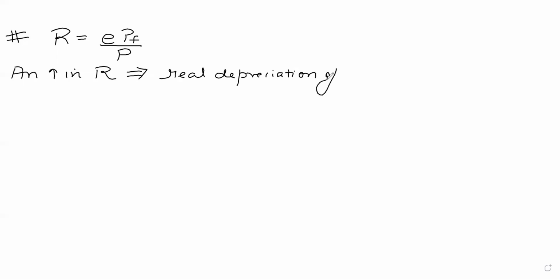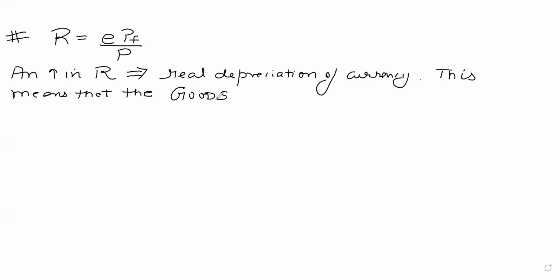An increase in R implies real depreciation of currency. This means that now we'll not talk about currency, we'll now talk about goods, because the real exchange rate is in terms of goods.